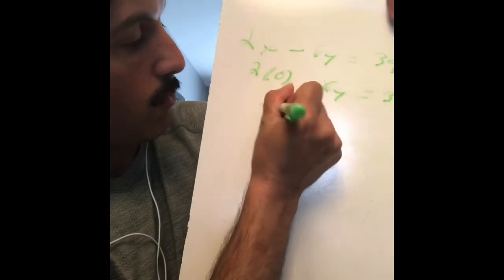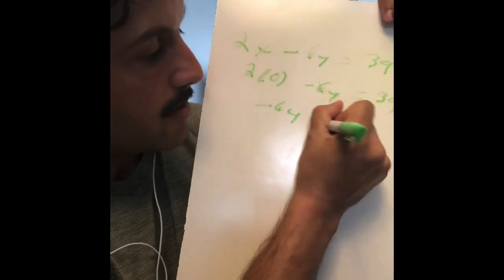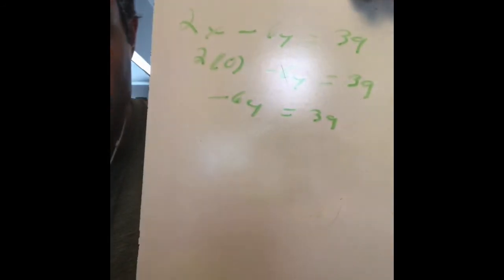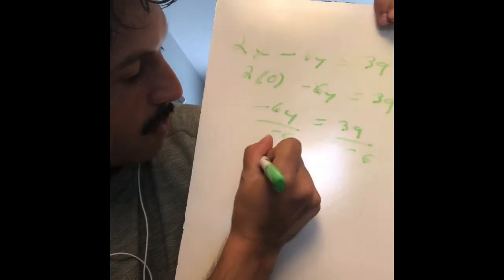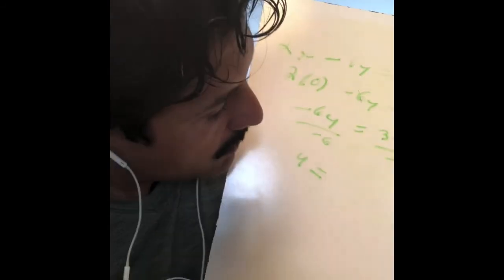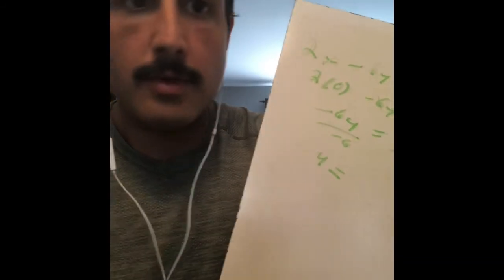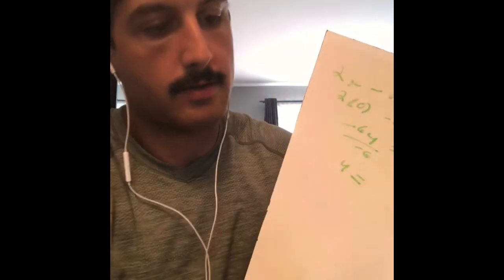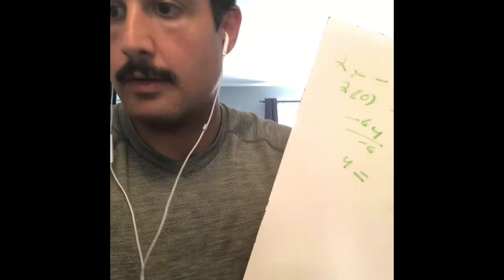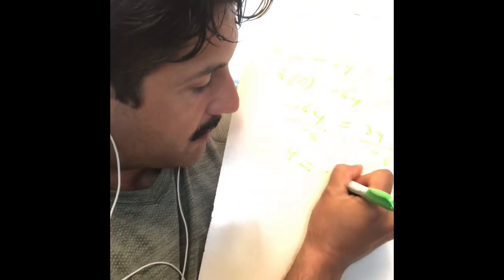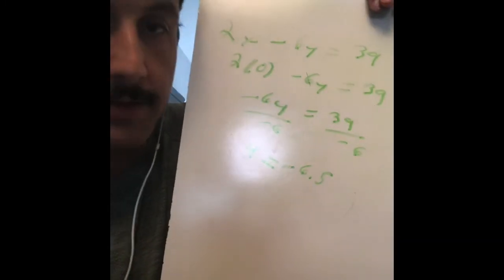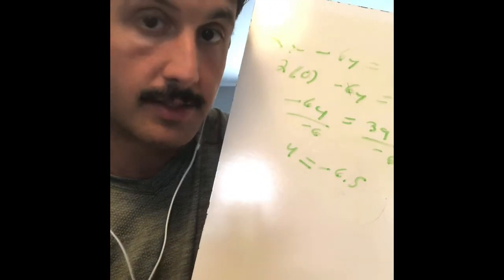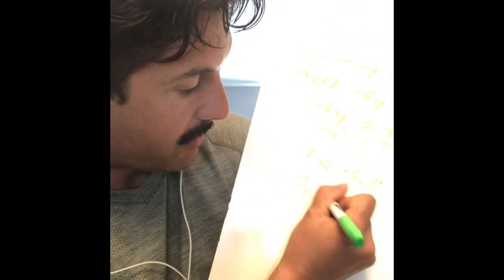So negative 6y, remember the negative is there, equals 39. Divide by negative 6, divide by negative 6. Y equals, let's see, 39 divided by negative 6, negative 6.5. And for a y-intercept, that means x is 0, so the point is 0, negative 6.5.